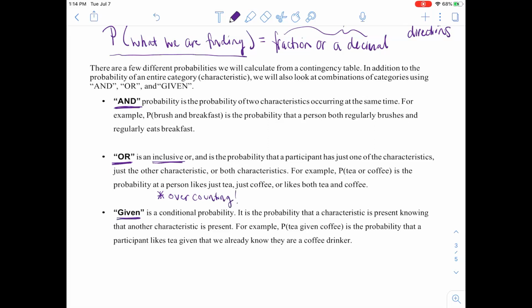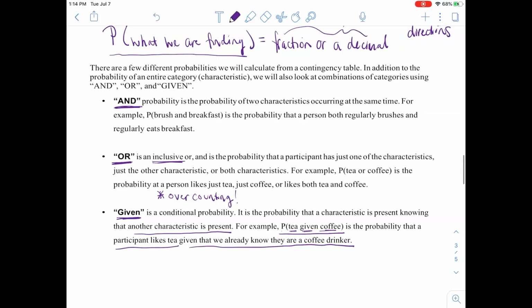Now, given is the probability that a characteristic is present knowing that another characteristic is present. I'm going to read this as P of T given C: the probability of tea given coffee. This is the probability that a participant likes tea given that we already know they are a coffee drinker.